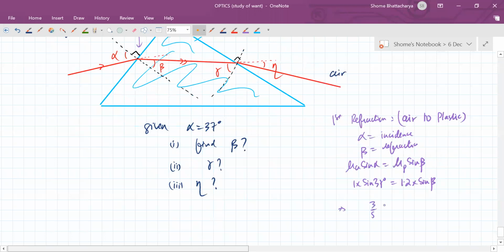So 3 by 5 should be equal to 12 by 10 sine beta. So that means beta should be equal to 30 degrees. Now once you got beta equal to 30 degrees, what about gamma? Whatever way you write the formula, it's fine, but as I said, I prefer to use this formula that mu1 sine theta 1 is equal to mu2 sine theta 2.